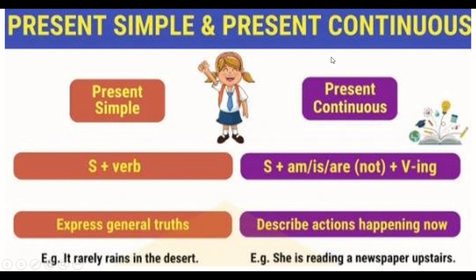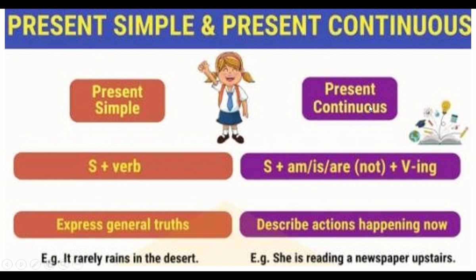The second tense, present continuous. We use subject plus am, is, or are, not in the negative form, plus verb plus ing. As you know, we use am with I, we use is with he, she, it, we use are with we, you, and they.